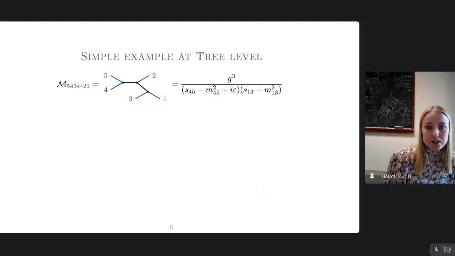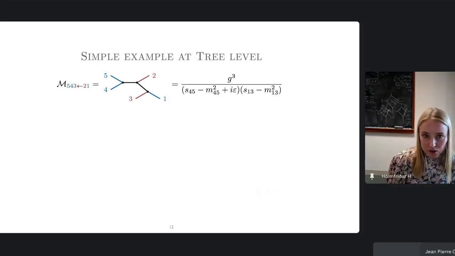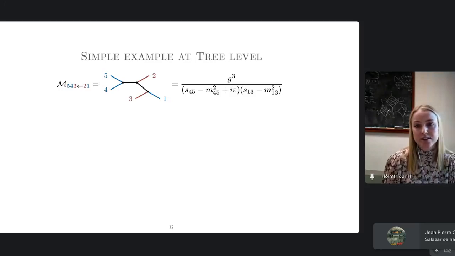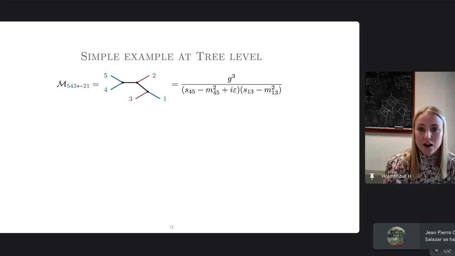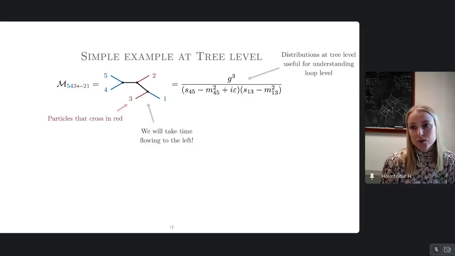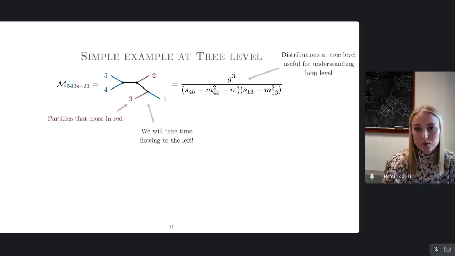So to understand this better, let's do a simple example at tree level. And it might seem entirely useless to do a tree level example because we just have poles and we can always analytically continue beyond poles. But it's actually very useful for us to use these tree level examples with the correct i epsilon prescriptions for the propagators to understand what goes on at the loop level.